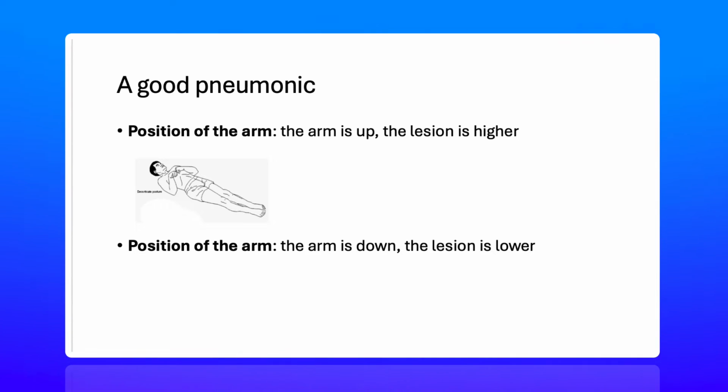His advice was to look which way the upper limb points. If the upper limb points up, then the lesion is higher and it is a decorticate rigidity. If the upper limb points downwards, then the lesion is lower and the rigidity is a decerebrate rigidity.